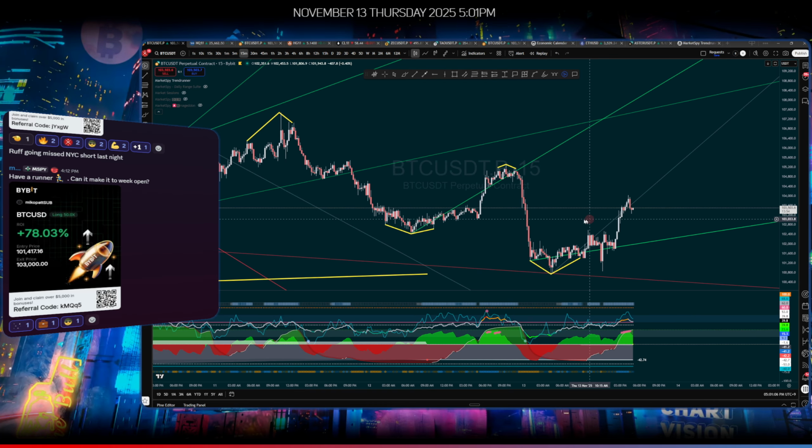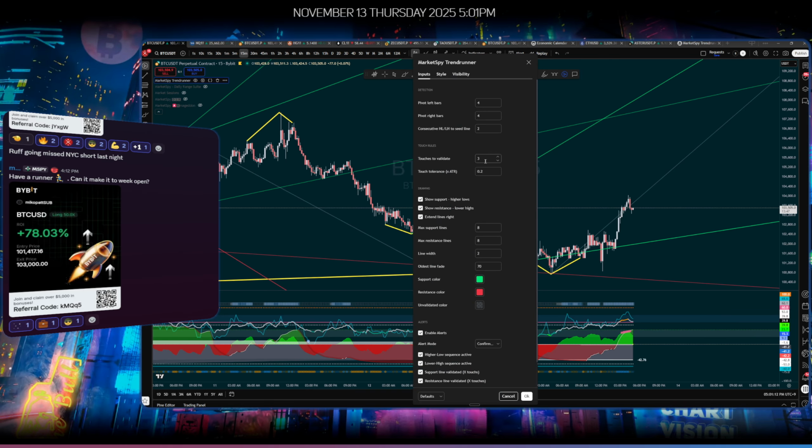So validation happens when you have a couple of touches on that line, and you can define how many touches you would like to see. Currently it is set to 3. That's generally an average because I always count the markets in threes. For example, 3 legs down, 1 leg up, 3 legs up, 1 leg down, and so on.